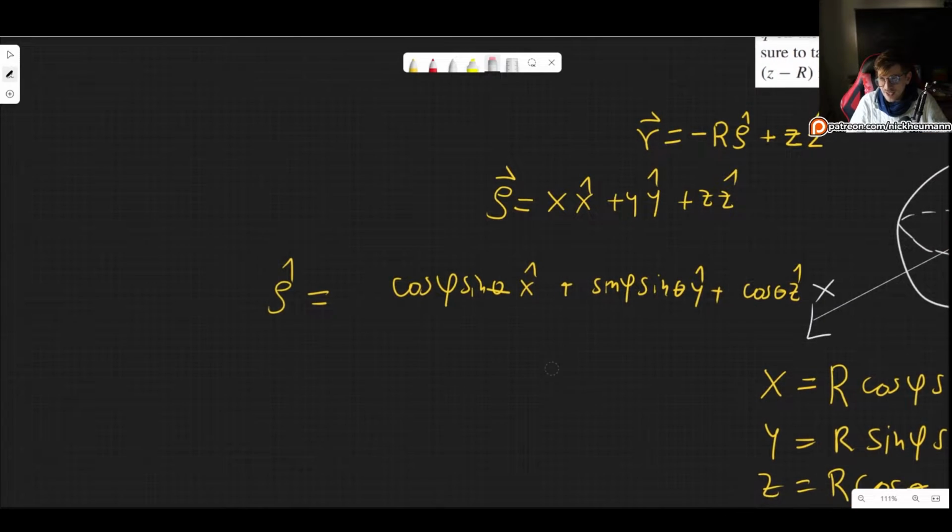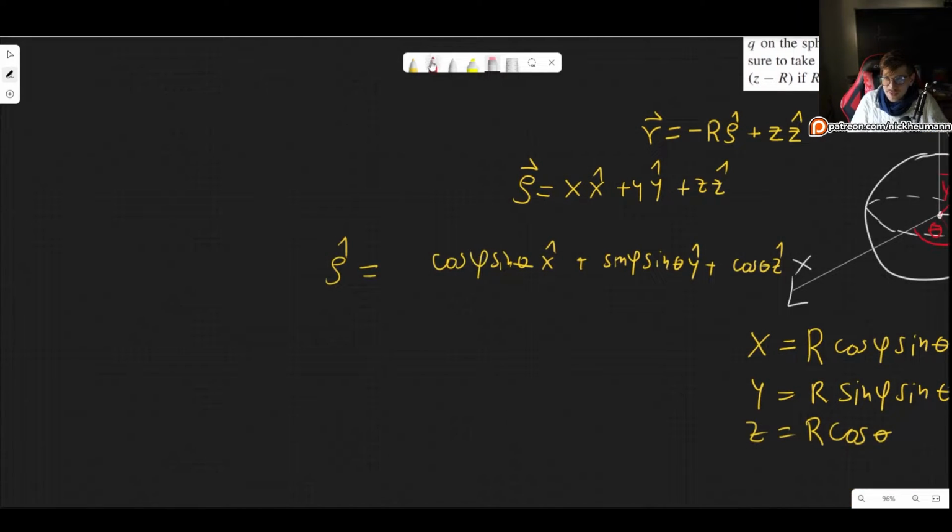So now finally we can plug this in to find our r vector. Not unitary yet. We will find the modulus soon. So this is minus r in the rho hat direction: cosine phi sine theta in the x hat direction plus sine phi sine theta in the y hat direction plus cosine theta in the z hat direction, plus z in the z hat direction.